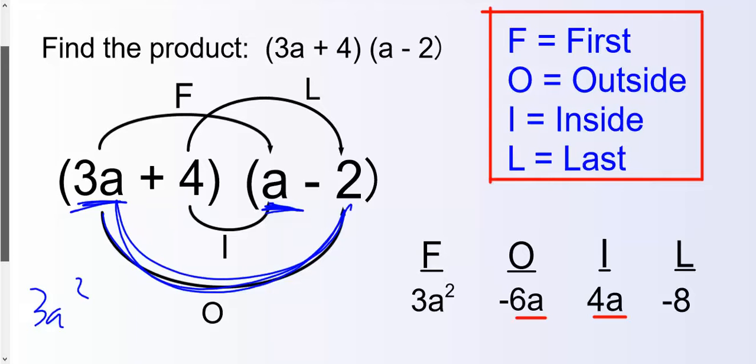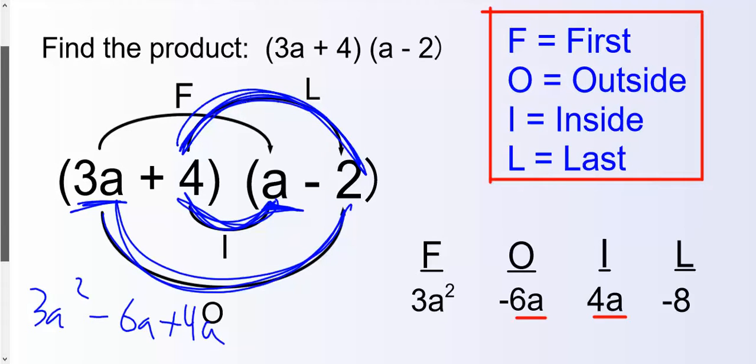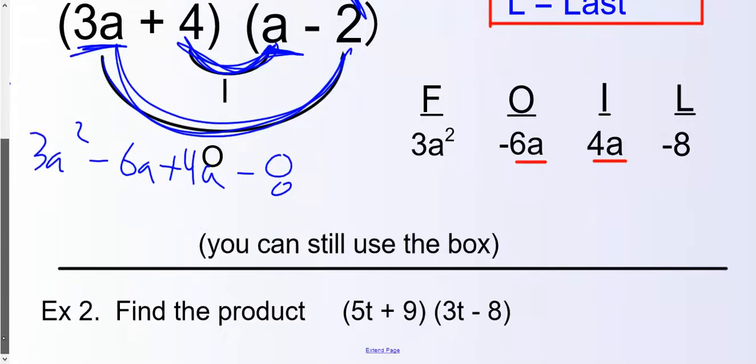So negative 2 times 3a is negative 6a. Then you're going to multiply the inside numbers, 4a. And then you're going to multiply the last numbers. 4 times negative 2 is negative 8. And then combine like terms. And you have 3a squared minus 2a minus 8. So there you go.